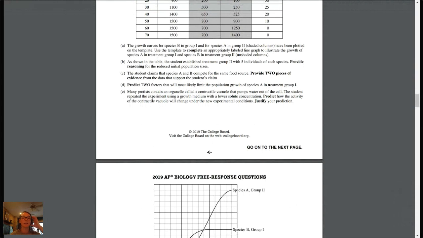As far as I can tell, because it's the growth medium that has a lower solute concentration, the growth medium is a solid. Ooh, gosh, I don't know actually. Now that you mention it, my interpretation was the environment was becoming less hypertonic, but they don't explain the solute concentration of the protists. So that's slightly confusing. But in my opinion, because the growth medium has a lower solute concentration, then the contractile vacuole is going to be working less.